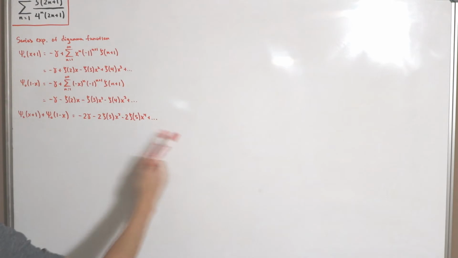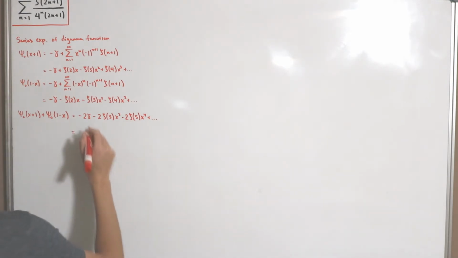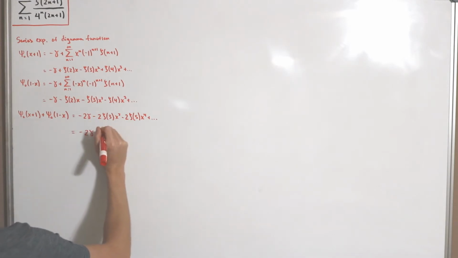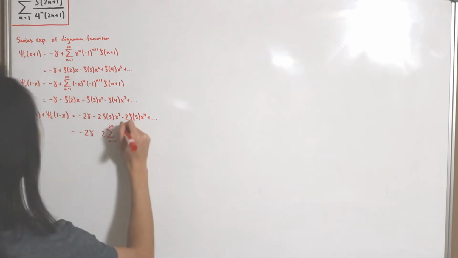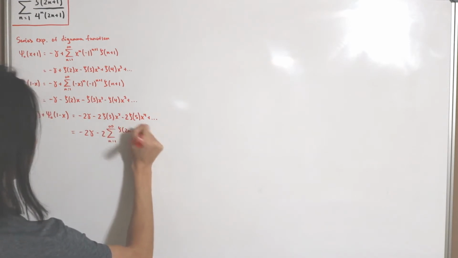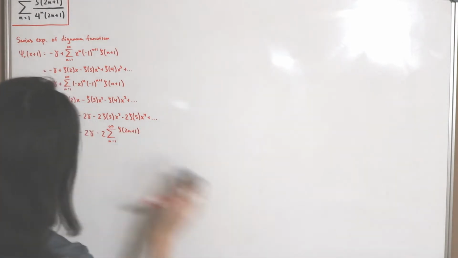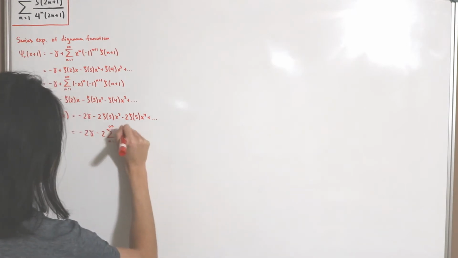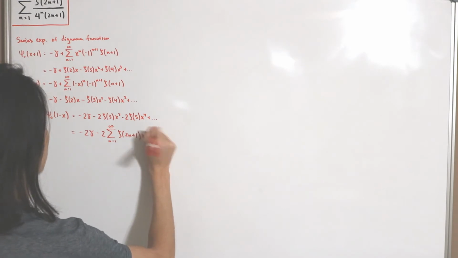So we got this series expansion, and therefore I can rewrite it in the form of an infinite series. Specifically, this is negative 2 gamma minus 2 times the infinite series of Riemann-Zeta of 2n plus 1, multiplied by x to the power 2n.